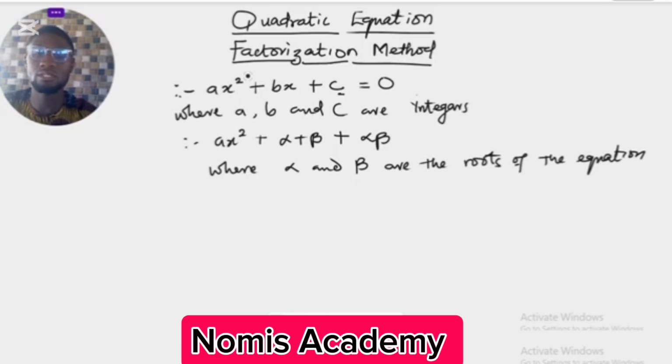Meaning that the middle term, let me bracket this to put x, the middle term is what? It is the sum of the roots, while the last term is the product of the roots. Very good. You're following me?